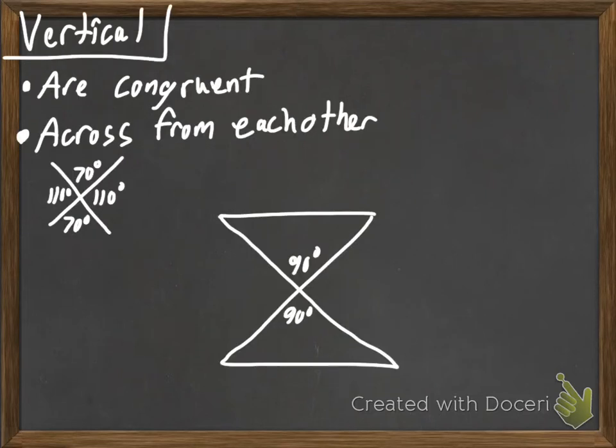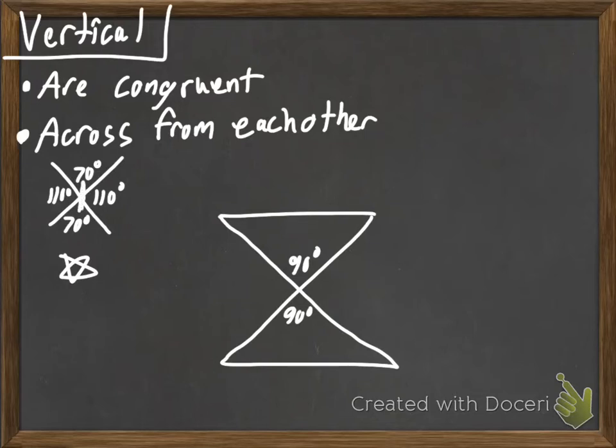Alright, the next is vertical angles, and vertical angles are congruent, and they are across from each other. They are not adjacent, they are vertical. Vertical means across. So if we look here at example 1, 70 degrees and 70 degrees. These angles are vertical because they're across. That means you basically go through the midpoint.